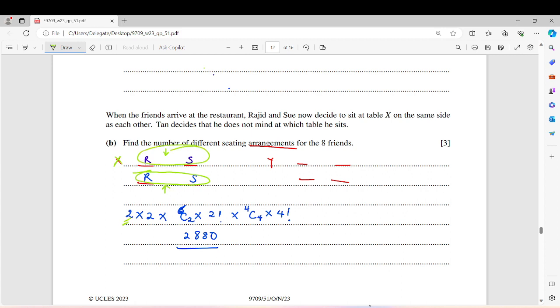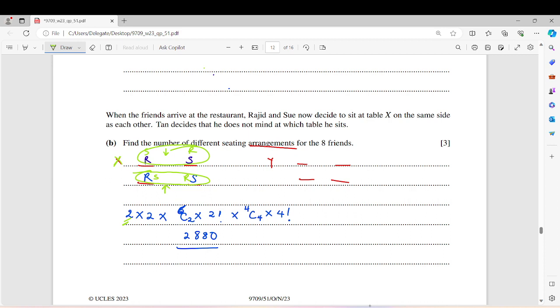Then also in their sitting, we can have them arranged either Rajid first, then Sue, or Sue first, then Rajid. So that can also be done in 2 ways.